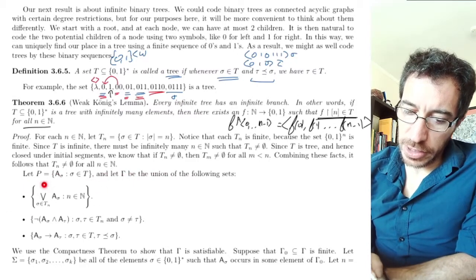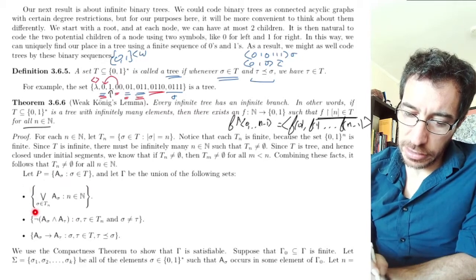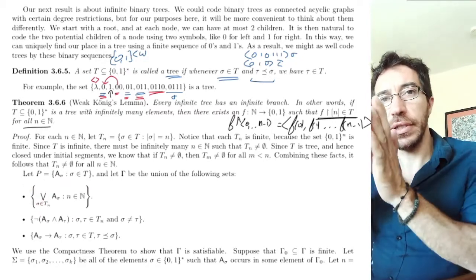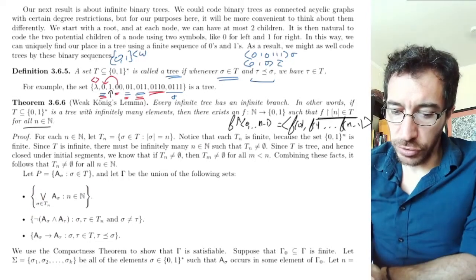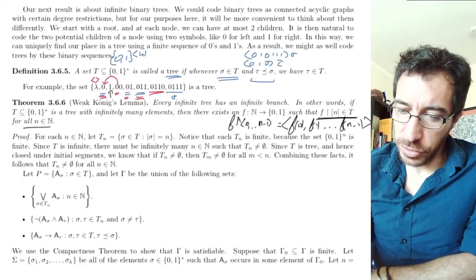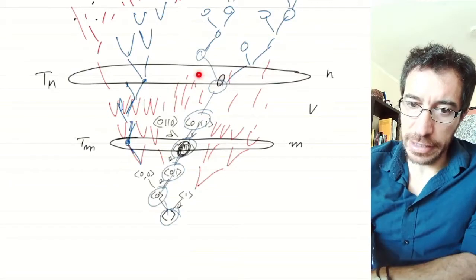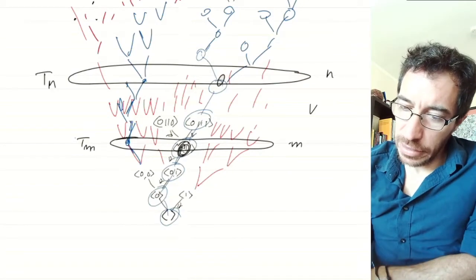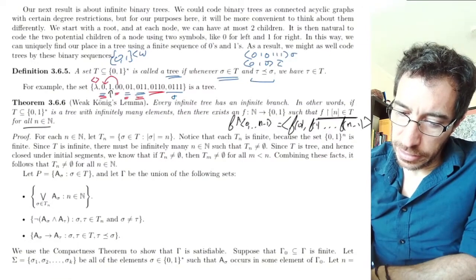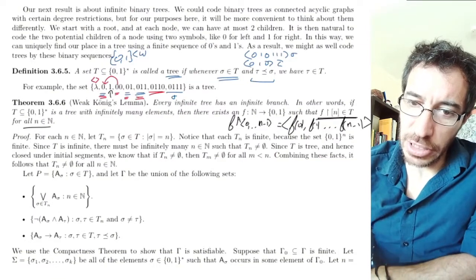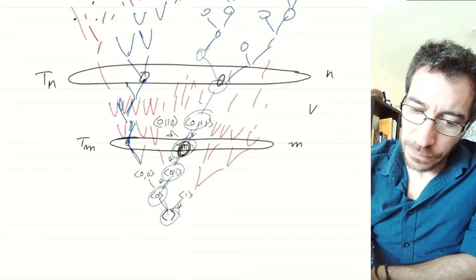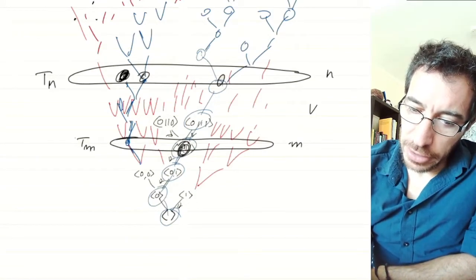Let's look at what each one says. This one says a big disjunction. Remember, this means the OR of all of these things, for all the sigmas in Tn. So it's not everybody, it's only the ones that belong to the tree.